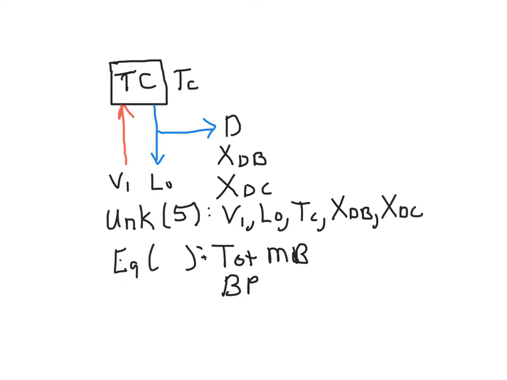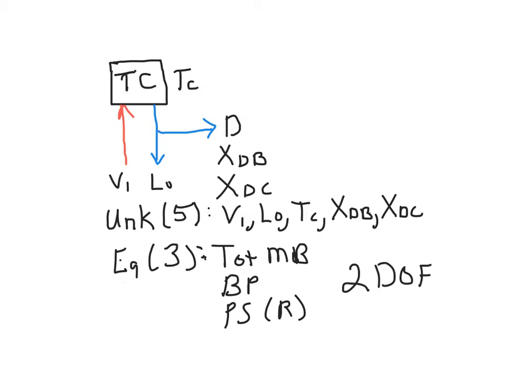We also have a process spec, which is the reflux ratio. This relates the value of L0 to D. So that's only 3 equations, and so we have 2 degrees of freedom.